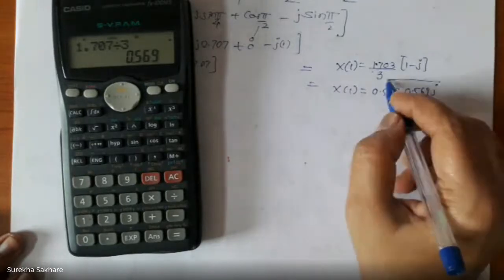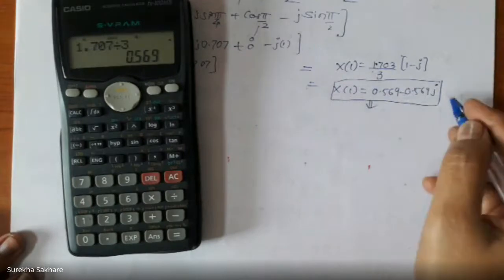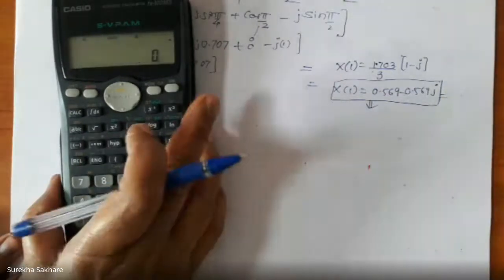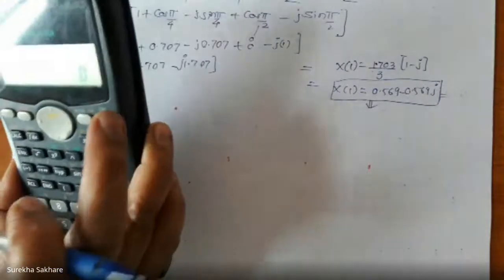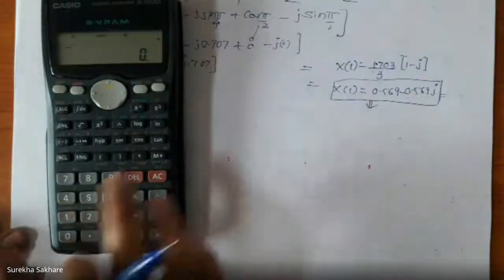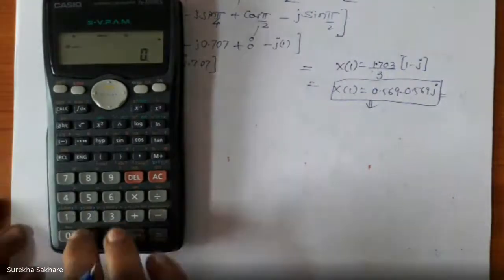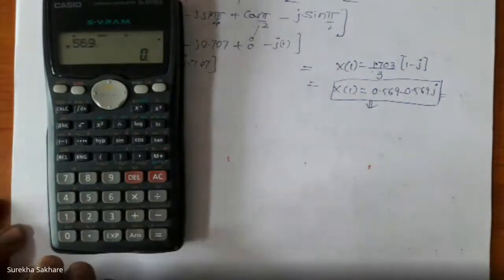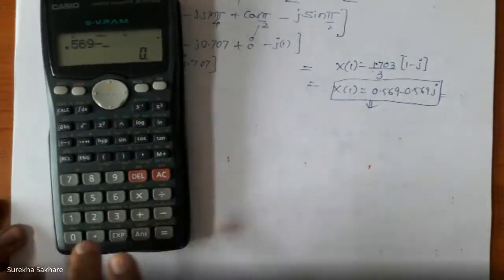We have to convert this to polar. So we know the polar form. Let us check whether it is in the complex form. It's already in the complex form. So probably you remember how to go for the polar: 0.569 minus 0.569j.